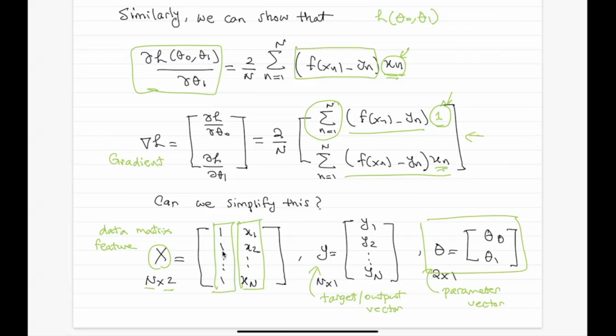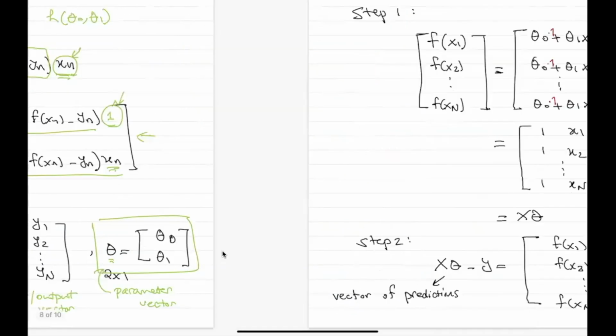One nice thing you will see soon is that if we have an even higher dimensional problem, meaning that each input has multiple features, we can use the same type of notation, except that X will have more columns. That's the only major difference on the data side. And on the parameter side, we will have theta 0, theta 1, theta 2, theta 3, corresponding to the new features that we have for each data point.